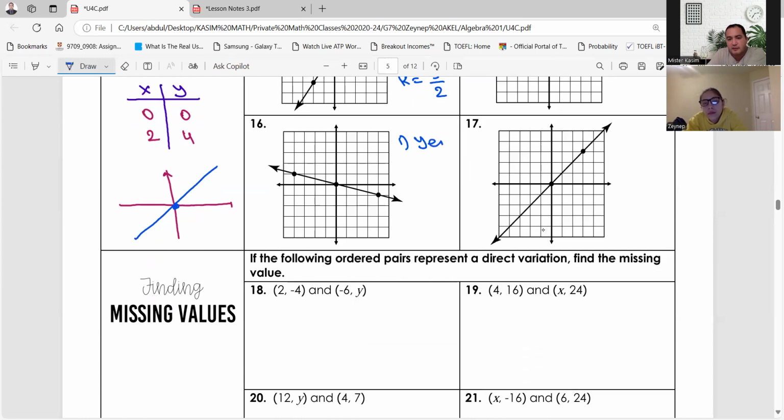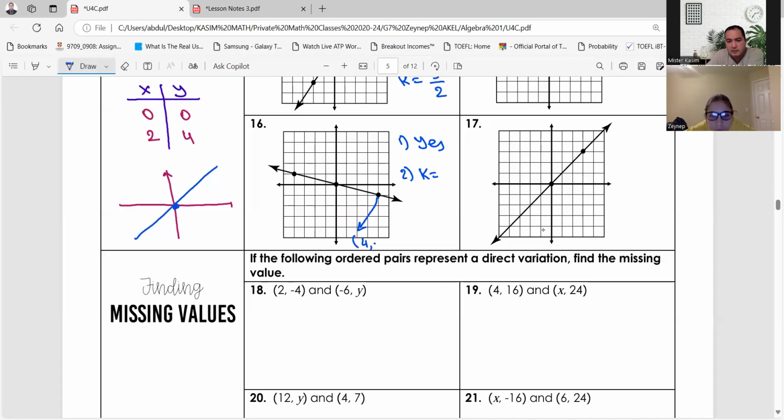And now how do you find the constant of variation? Pick any point. For example, this point. What are the coordinates of this point? Can you tell me? 1, 2, 3, 4, right?